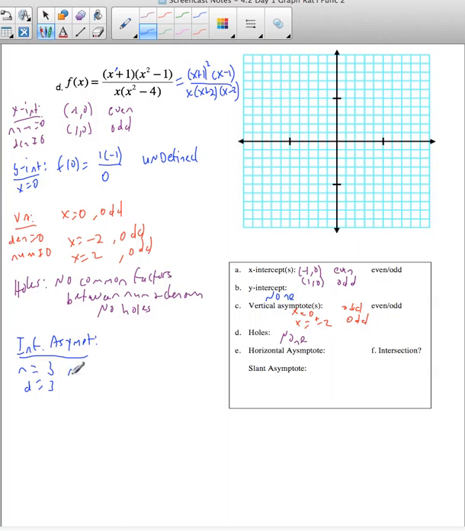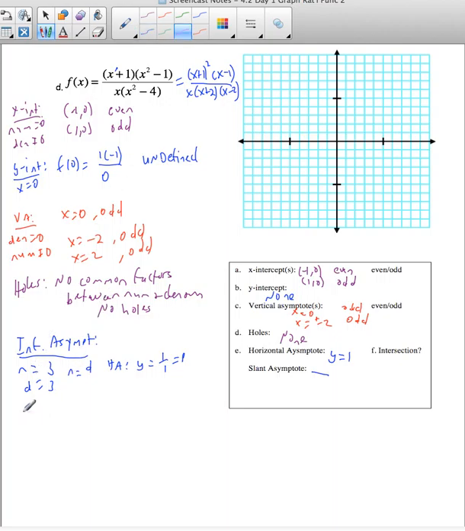So the degree of the numerator equals the degree of the denominator. That tells us that we have a horizontal asymptote at the ratio of the leading coefficients. In this case, that's 1 over 1, which is 1. So we have a horizontal asymptote with the equation y equals 1. We will not have a slant asymptote. We cannot have both a slant and horizontal asymptote in our same graph.